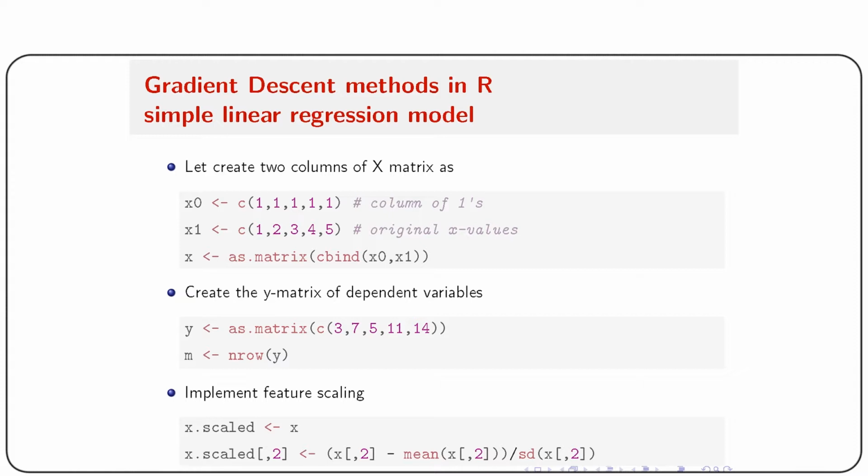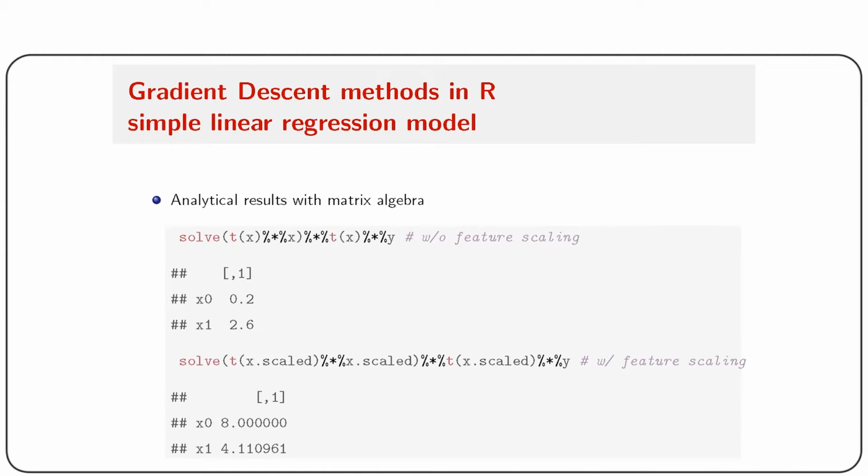For scaling you can use the scale function, or from the fundamental standardization method you can use x2 minus mean of x2 divided by standard deviation of x2. This way you can scale the actual variable. X1 was not scaled because it was just the intercept, all 1s, so no need of scaling.